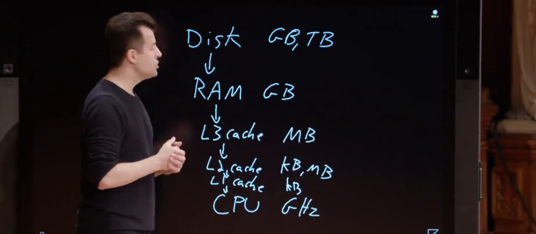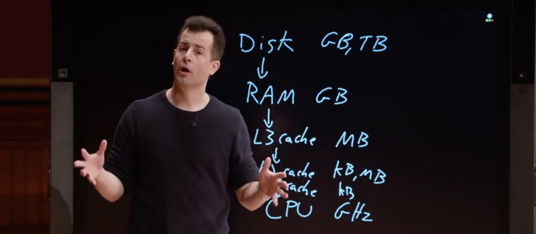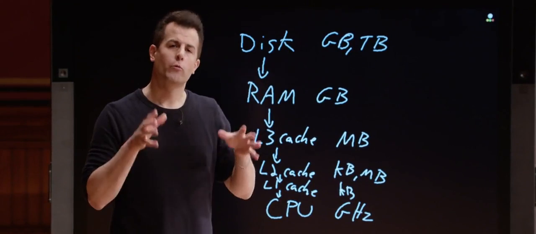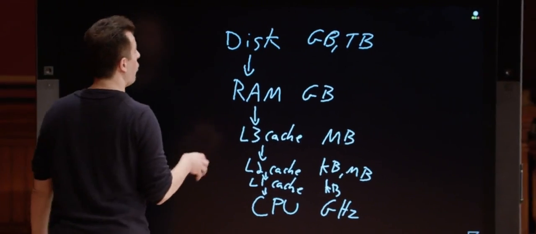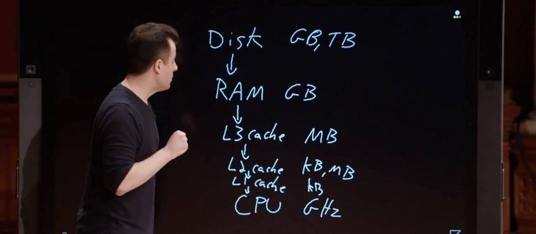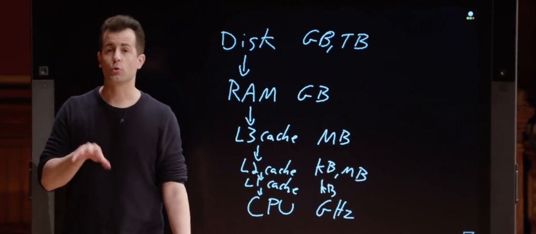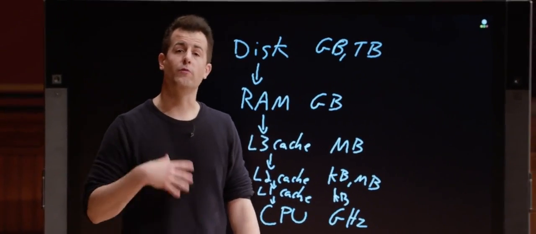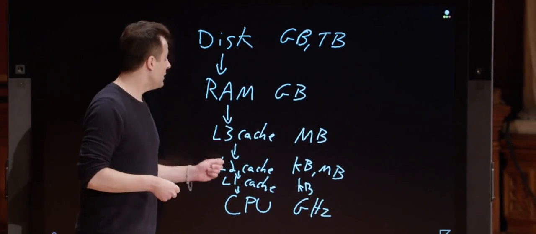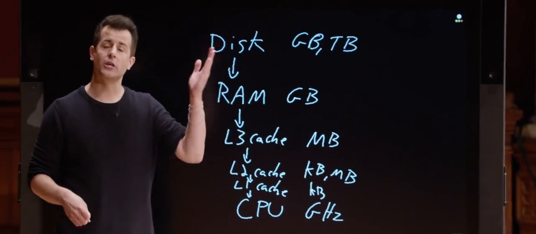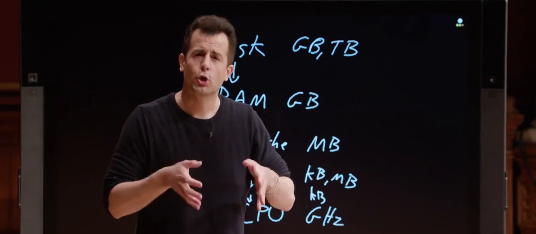Meanwhile, RAM tends to exist still on the order of gigabytes, but maybe 1 gigabyte, 4 gigabytes, 16, maybe more if you've splurged on a really nice computer. But RAM, recall, is where programs and files live when you've double-clicked or opened them in order to use them on your computer at a given moment. Meanwhile, though, and these are values you don't really control because they tend to be associated closely with the CPU or the motherboard that you've bought as part of your computer, that RAM feeds information into level 3 and/or level 2 and/or level 1 cache in turn, so that it's less memory there, but it's super, super fast.